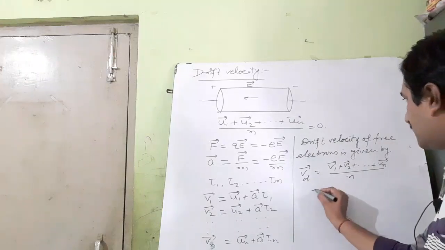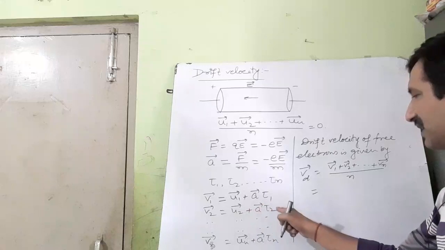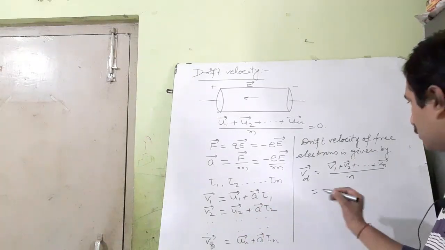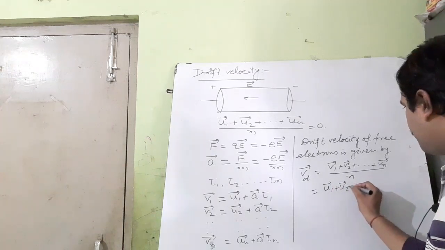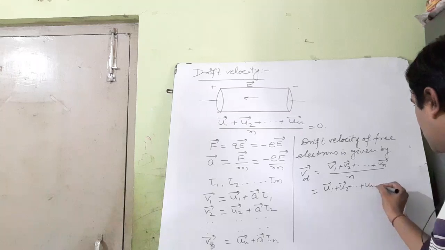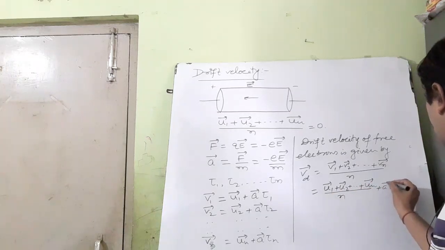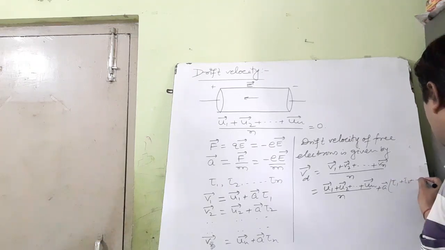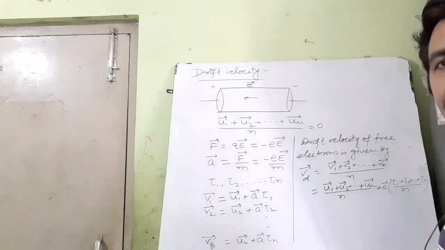You see v1 is u1 + a tau 1, v2 is u2 + a tau 2, vn is un + a tau n. So you can write it as (u1 + u2 + un)/n plus a times (tau 1 + tau 2 + tau n)/n. Can you write it like this?